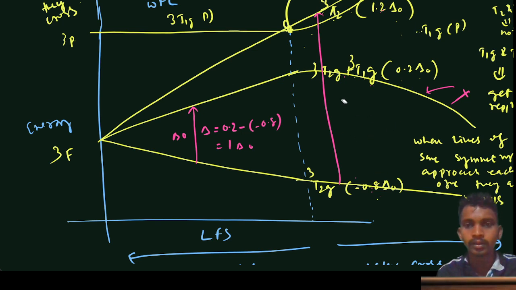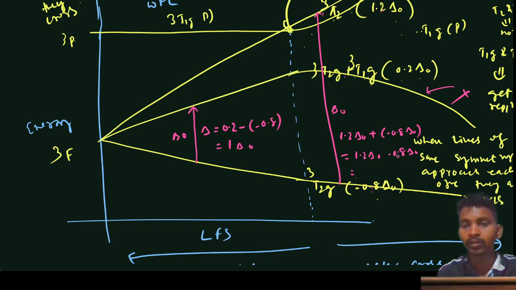So this is the delta naught. What you do is 1.2 delta naught minus 0.8 delta naughts. So here this is 1.2 delta naughts minus 0.8 delta naughts, and this will get subtracted.